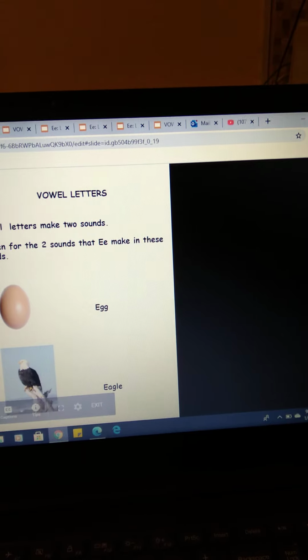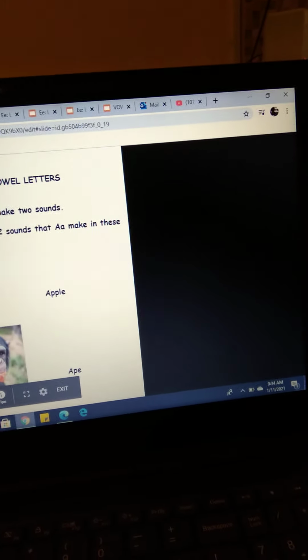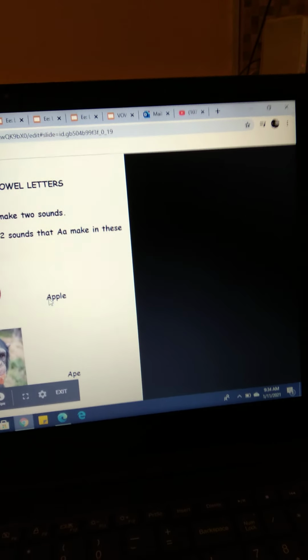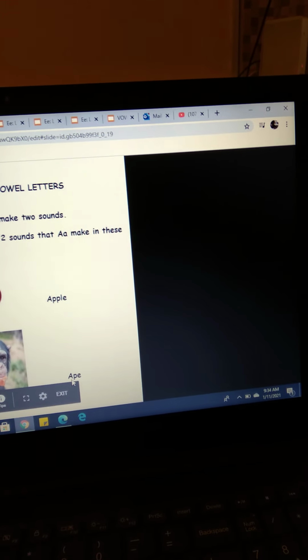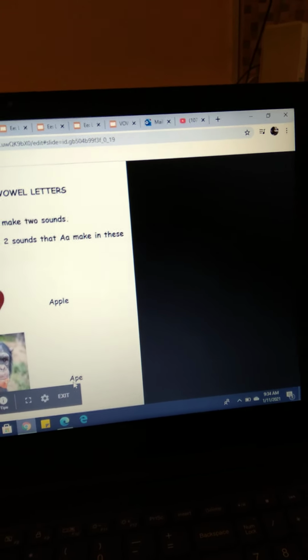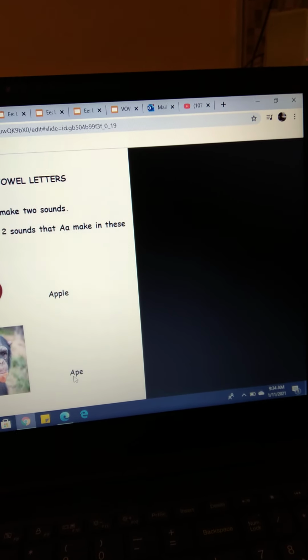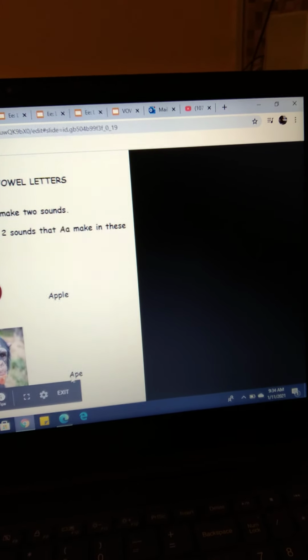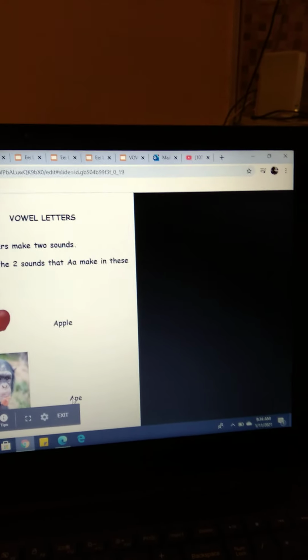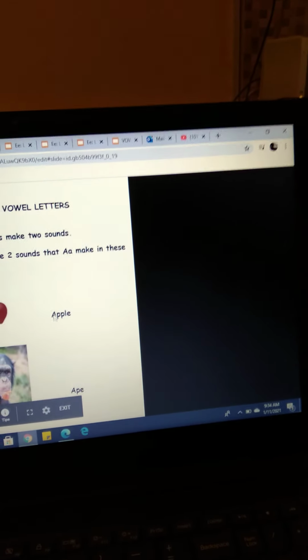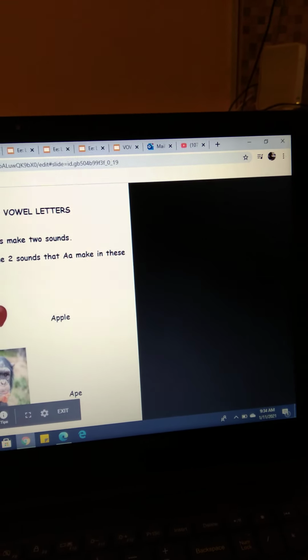The same thing for A. A said ah in apple, and down here A was saying its name in ape. So these letters can say their names, and they can also make another sound.